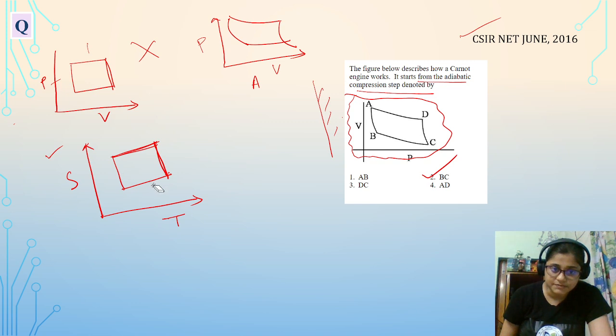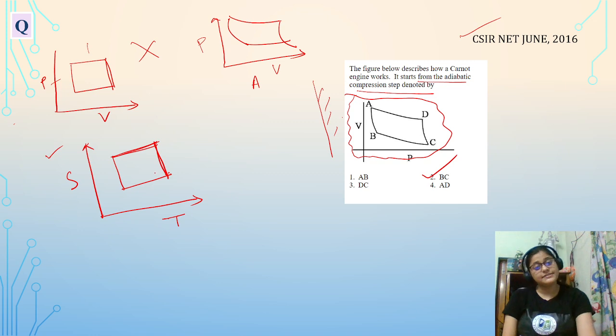Let's see the twist. Okay, so in the second step, what is happening? Cooling was there, na? Adiabatic expansion, cooling was there. So delta T must be negative. This can be there, this can be there. But in the first step, delta S should be positive and delta T is 0.